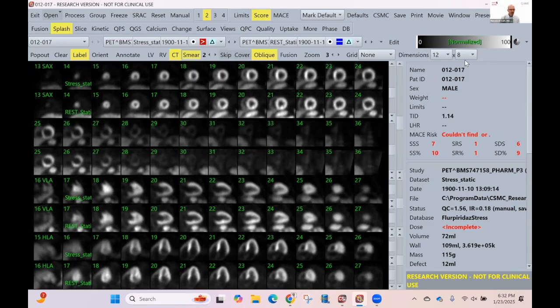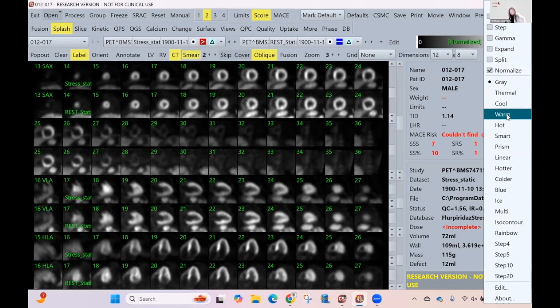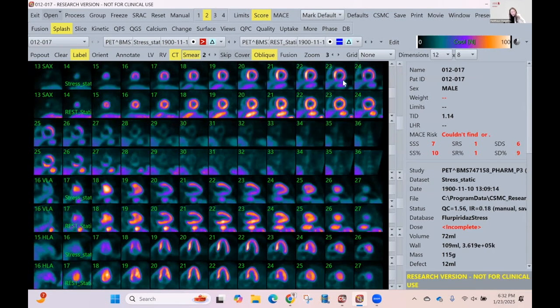Okay. We actually use 1.13 for PET ammonia, and I feel like there are some similarities between Flurpiridaz and ammonia, but this is just anecdotal. The ratios depend on the doses that you're injecting. For example, if you do ammonia rest and stress with the same dose, you would expect the ratio to be close to 1.05.